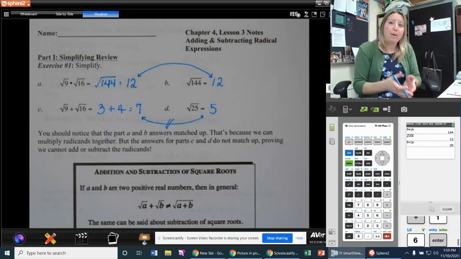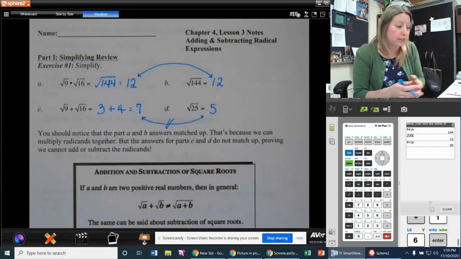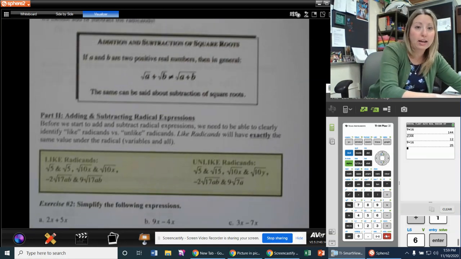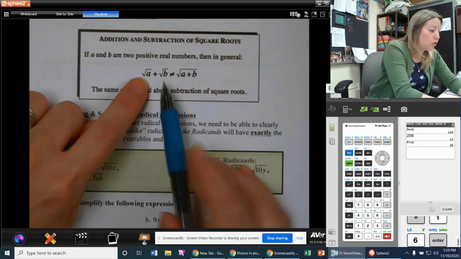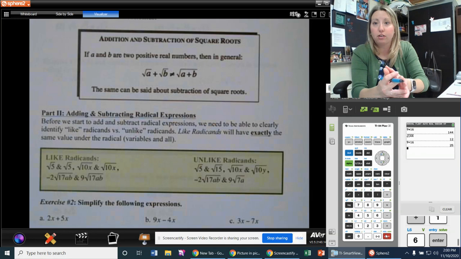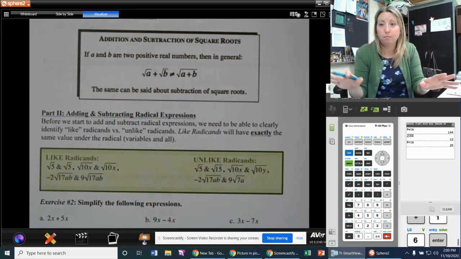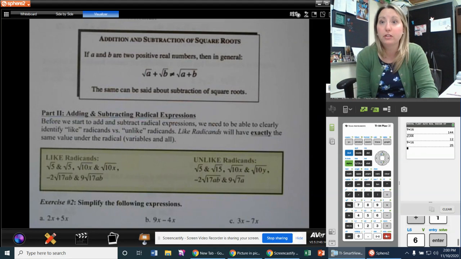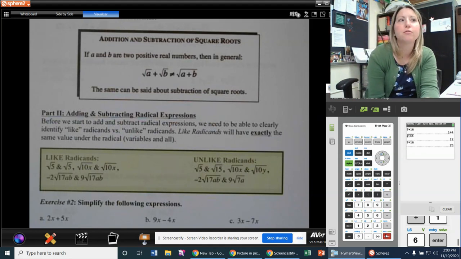So that's our big rule for adding and subtracting radicals: you have to have the same radicand. You cannot just add them up under the radical. That doesn't work. This is more like when you're adding polynomials together and you have to have the same variable in order to add your polynomials up.